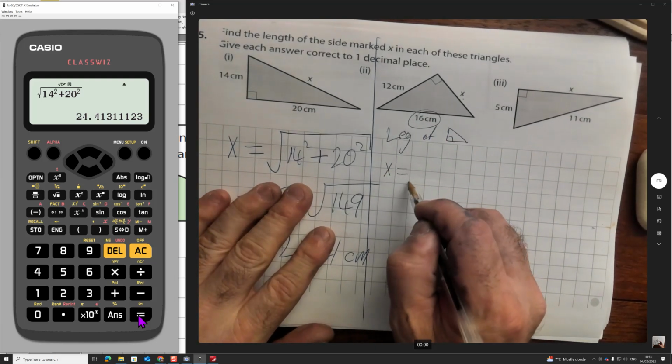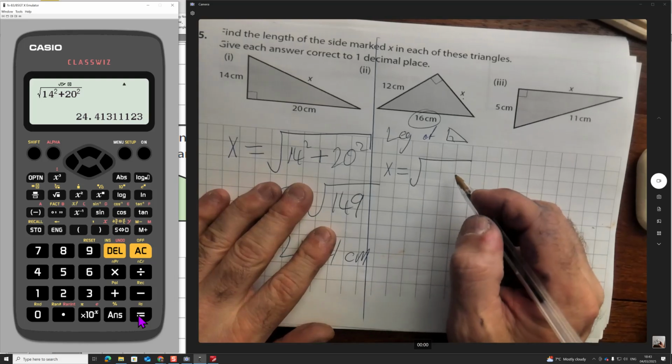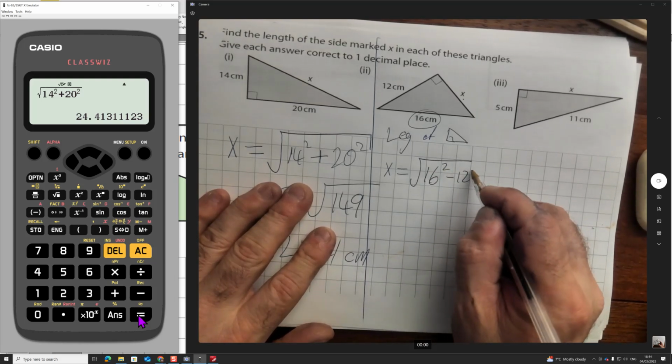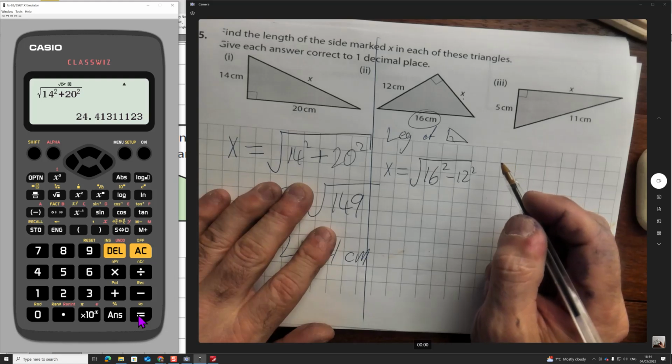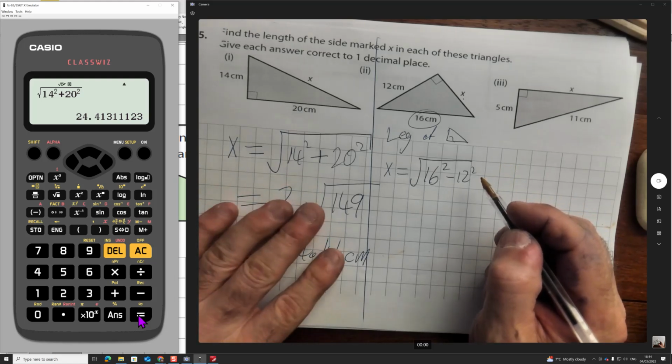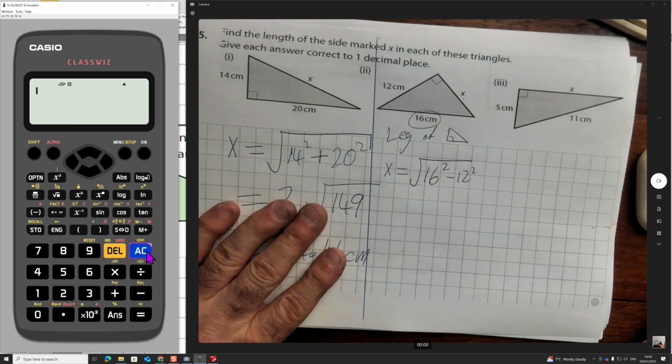So X equals the square root of 16 squared minus 12 squared. Okay, in comes the calculator, clear, square root, 16 squared minus 12 squared.